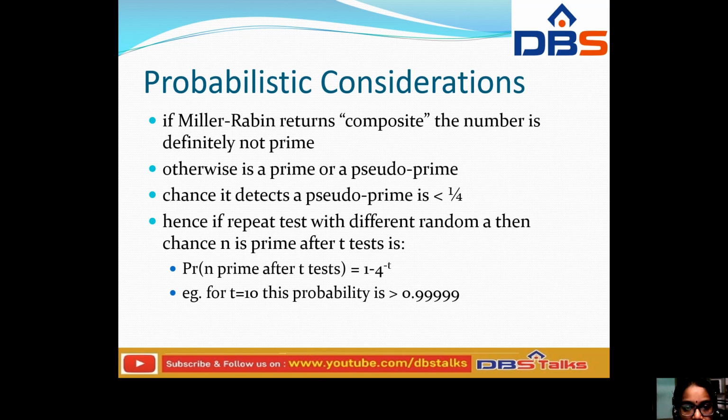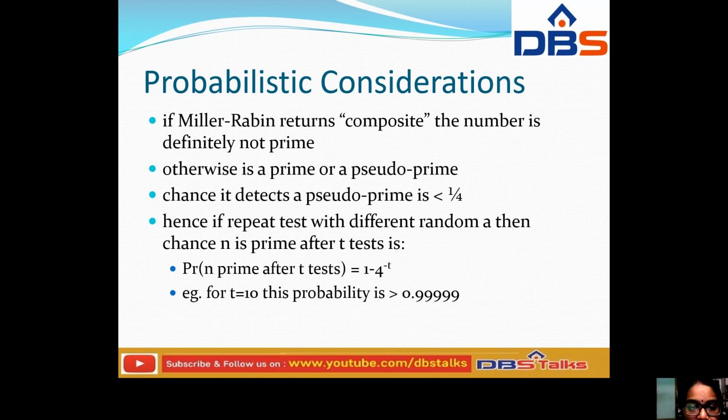If Miller-Rabin returns composite, the number is definitely not a prime number. Otherwise, we can say it is a prime or pseudo prime. The chance that it is a pseudo prime is less than 1/4.